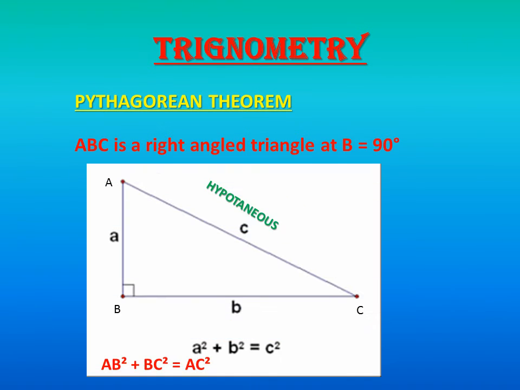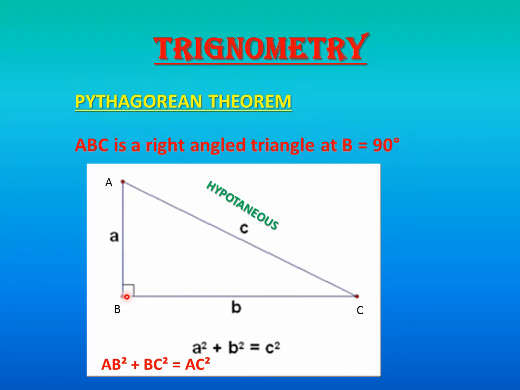Now to understand this, we have to go through the Pythagoras theorem. In Pythagoras theorem, we consider a right angle triangle. In this figure you see we have a right angle triangle, and at vertex B we have 90 degrees. That is, a right angle triangle at B is equal to 90 degrees.